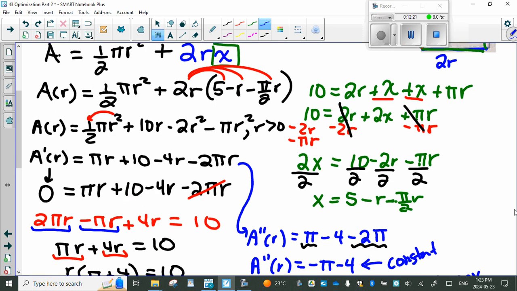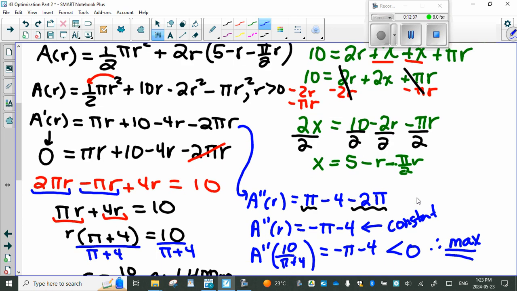Owen. Yes. So this is the easiest form of that 10 equals thing that Owen was saying up here. So I've got x equals 5 minus 1.4 minus pi over 2 times 1.4. Does that make sense to everybody? So I'm going to find x out now.